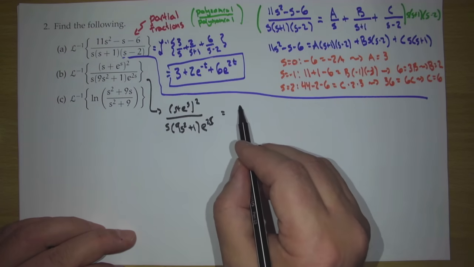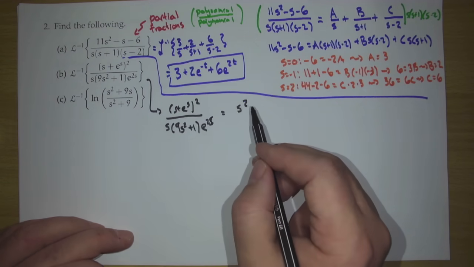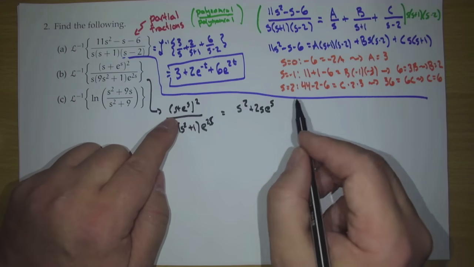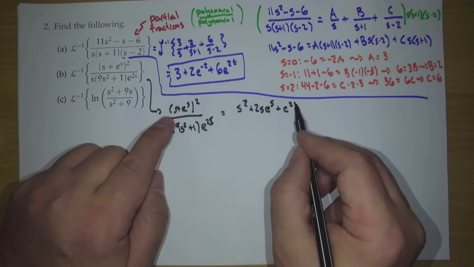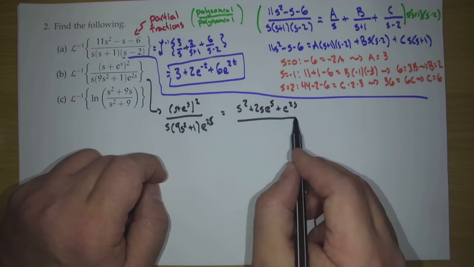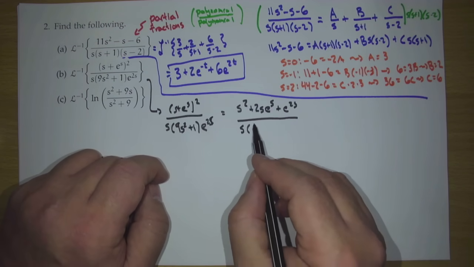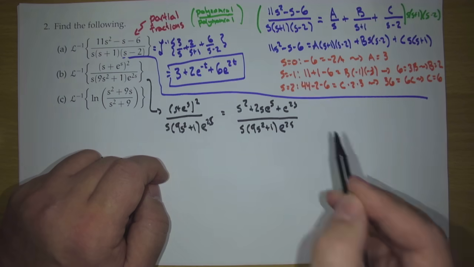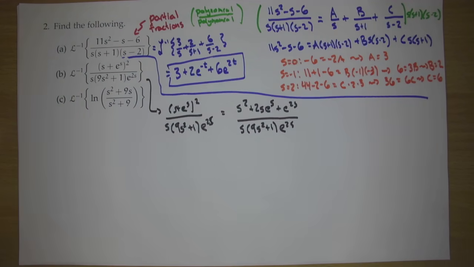So upstairs, we're going to get s squared plus 2s e to the s plus e to the 2s. Downstairs, we'll have s times (9s squared plus 1) e to the 2s. All right. Now what should we do?